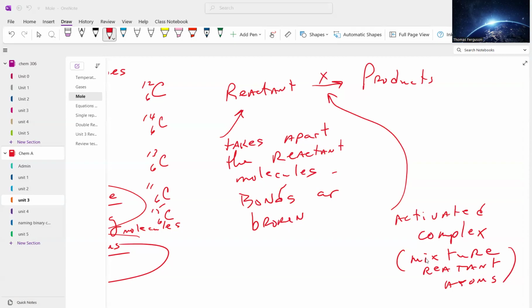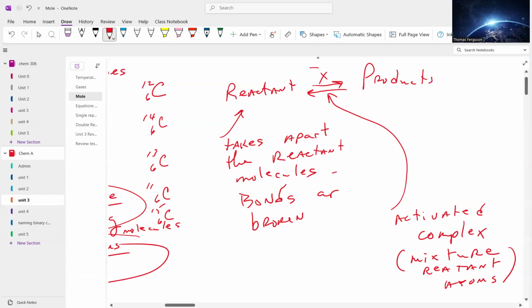Now, two things are going to happen now. Most of the time, you don't see a double arrow, but all reactions, no exceptions, have two arrows. What happens is that mixture of reactant atoms reforms the reactants.